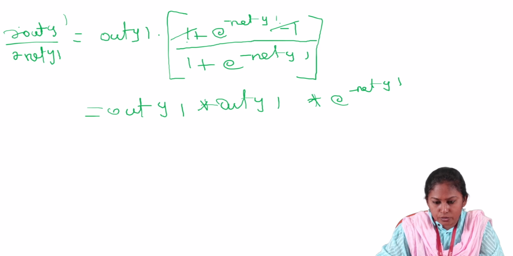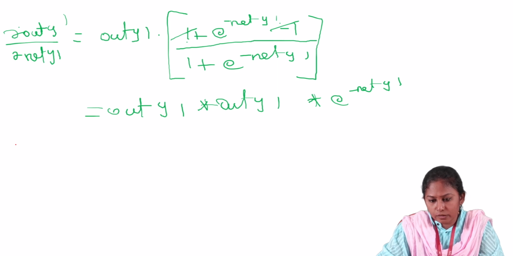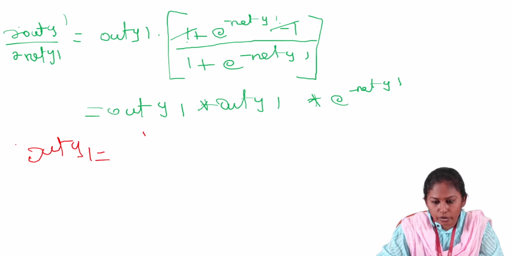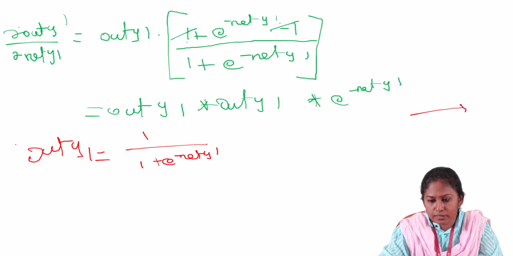I'm using one simplification here. This is the place where most of the time we make mistakes. Maybe a few people can work it out directly, but when we proceed step by step theoretically, we may struggle. That is why we are looking into these steps very elaborately. So out y1, which we know can be represented as 1 divided by 1 plus e to the power minus net y1, I am assuming this step as a.